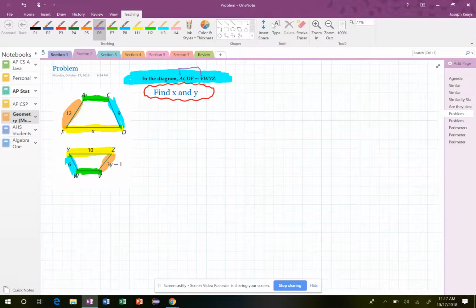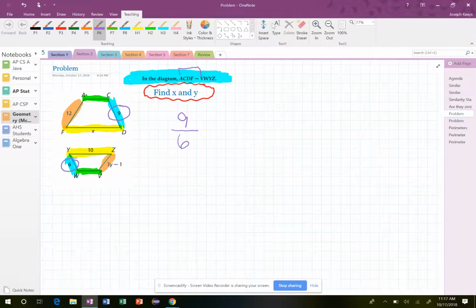The first thing we need to look for is sort of like a crutch. What is a crutch? A crutch is discovering two matching sides where you know everything about those sides. Now, notice those are the only two sides I know everything about. I know this light blue one is 9, the other one is 6.